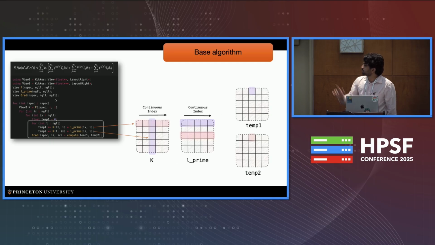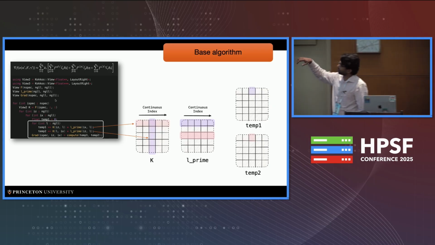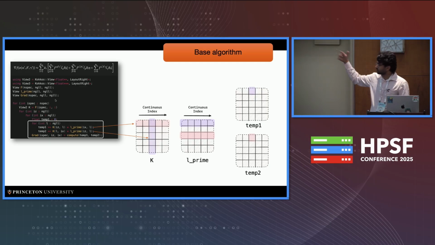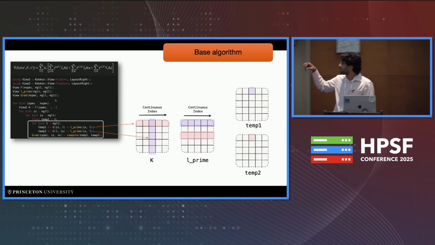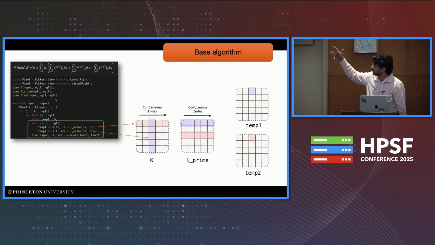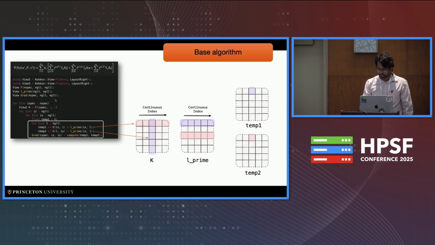If I look at this innermost loop and visualize it, what we are doing is a dot product. The first line does a dot product between the first row of k and a row of L prime and stores it into temp. The second line does a dot product between the column of k and the row of L prime and stores it into temp1.